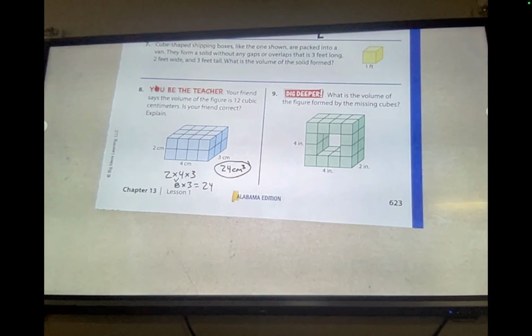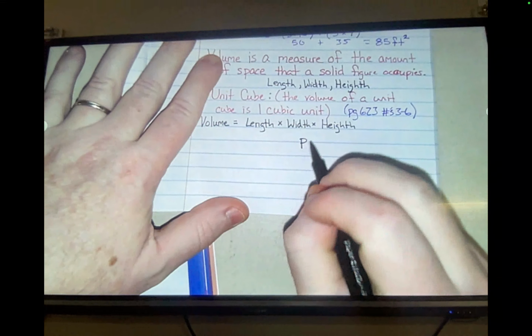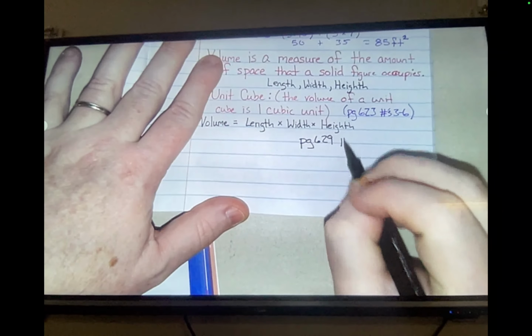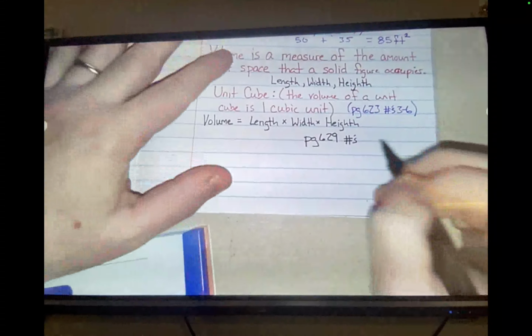So if you look in your book, let's look at page 629. So going back to this, page 629, I want you to do numbers 3 through 6.